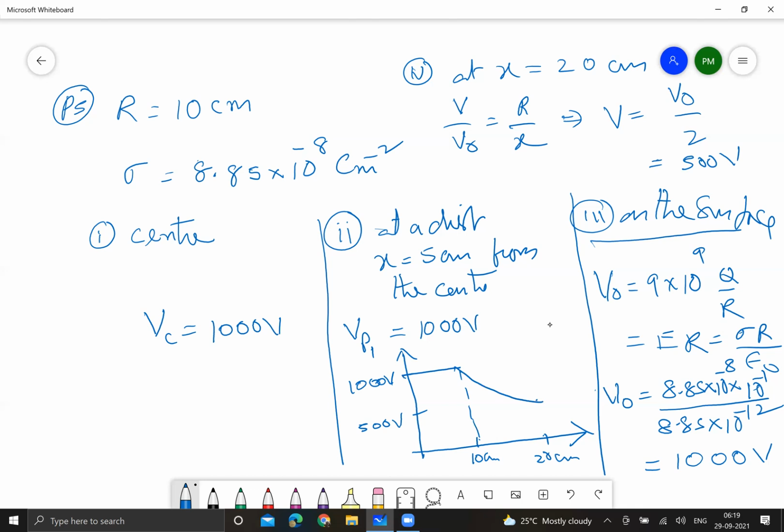That way also they can give you the graph. This is by assuming that the given sphere is a conducting sphere. For a dielectric, on the surface it is same.